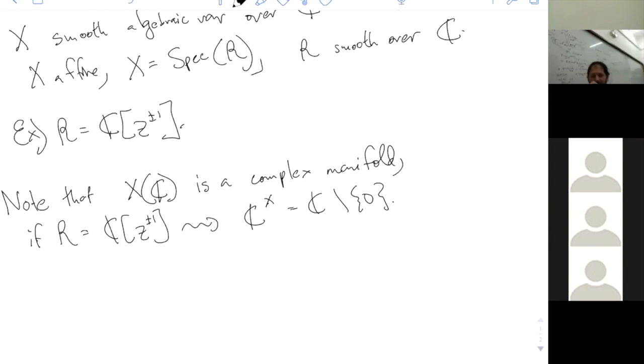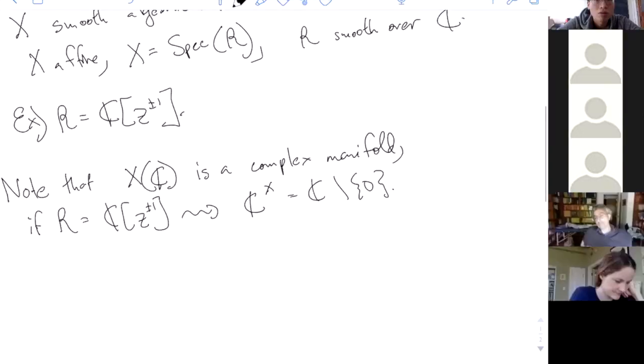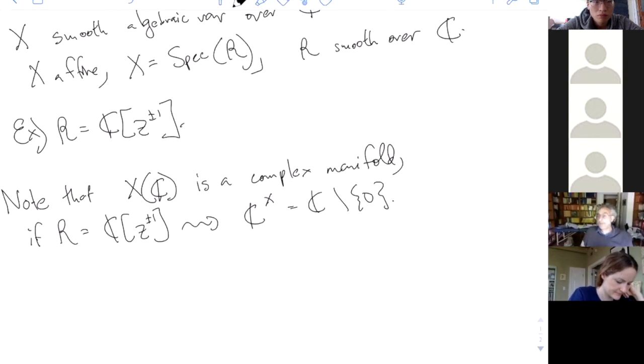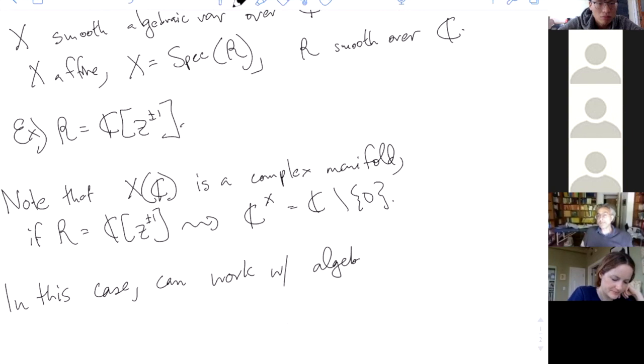If we're in this type of situation, we can work with a purely algebraic version of de Rham cohomology. Instead of smooth differential forms, we can work with algebraic differential forms, so we can work with the algebraic de Rham complex.